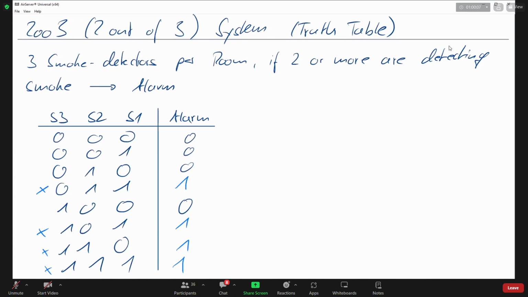If 2 or more are detecting smoke, then we will have an alarm. And what you have to do there is simplifying that one also from the DNF and with KMap.